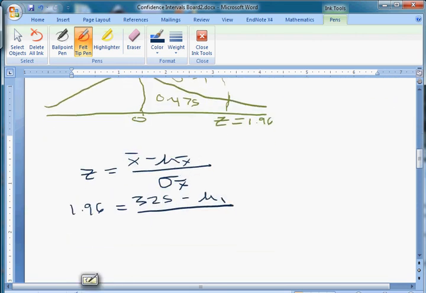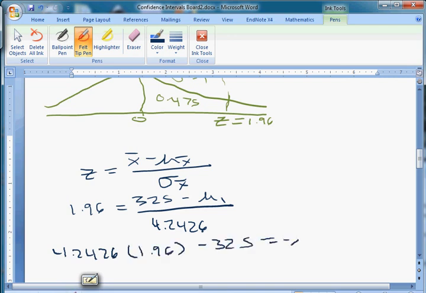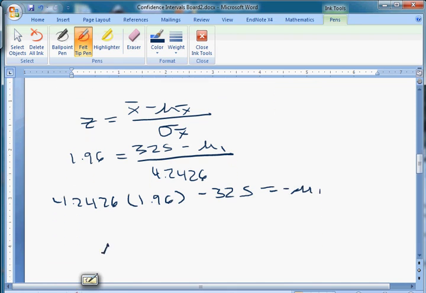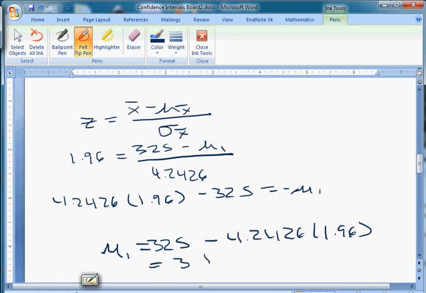I have about a minute left. You want to multiply both sides by 4.2426, and then subtract 325 from both sides. That'll give you negative mu1. Or if you switch the signs, you can work out that mu1 equals 325 minus 4.2426 times 1.96, which is going to give you 316.7.